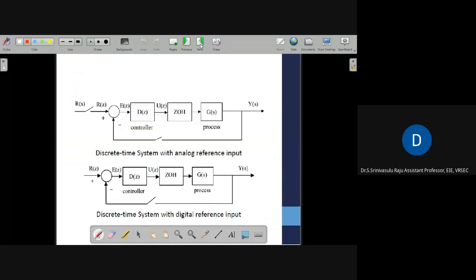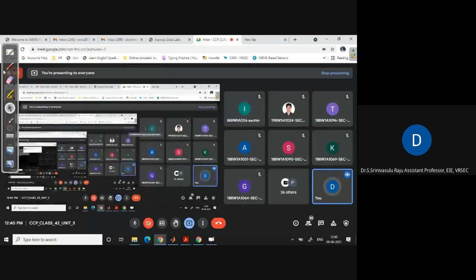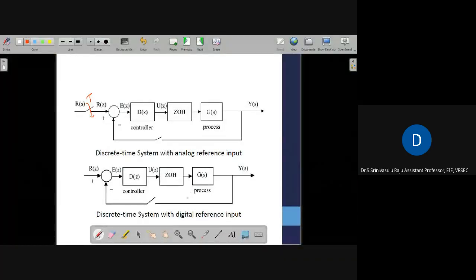These are generalized, and we already know about these things. Now we will see how to apply reference input in the discrete domain. Here you sample the signal with respect to time t. The input signal is provided in the continuous domain and has been sampled with respect to time t. The output is also sampled with respect to time t, so there is no need to sample the error signal.